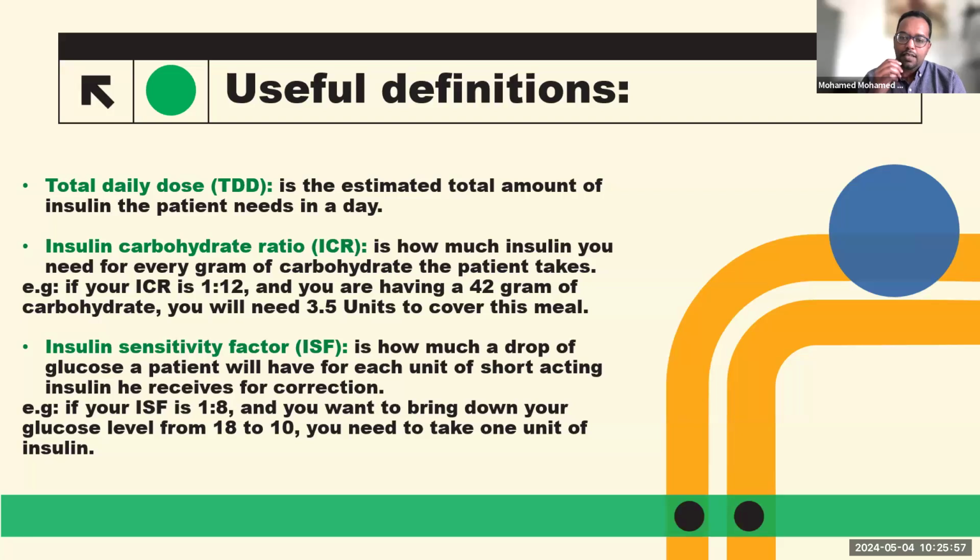So if your ISF, let's say, for this example here, is 1 to 8, this means that 1 unit of insulin will shift your blood glucose down by 8 millimoles per liter. So if your blood glucose is 20, for example, and I give you 1 unit of insulin, and your ISF is 1 to 8, this will shift your glucose from 20 minus 8 to 12. That's the idea of ISF.